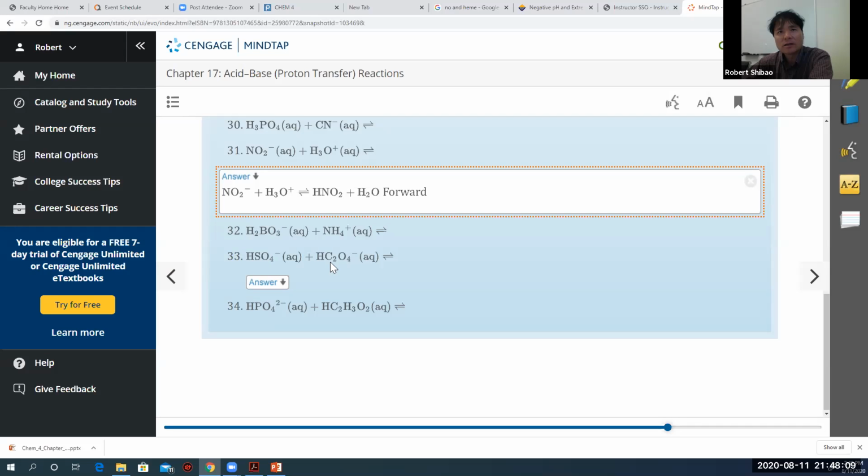Bisulfate and bioxalate, or hydrogen oxalate. And so here we have a choice. Both of these are amphoteric. Amphoteric means it can react either as an acid or base. And so in this case, we have to go with the stronger. Which is a stronger acid? Bisulfate or hydrogen oxalate.